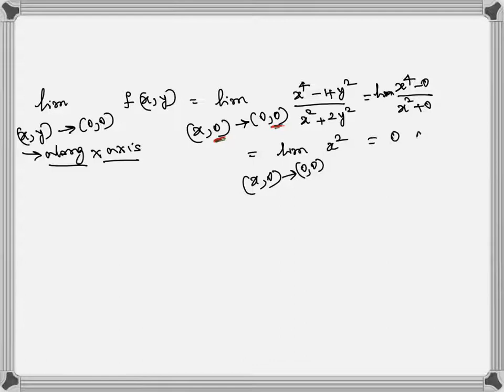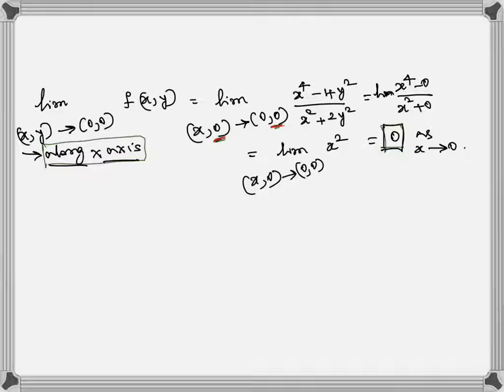As x approaches 0, by direct plug-in, you get 0. So along the x-axis, we have shown that the limit of f(x, y) is equal to 0.